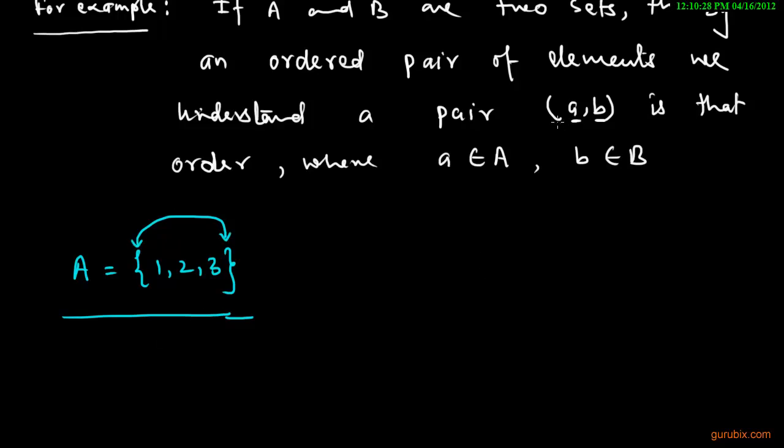So this is not a set. This is an ordered pair but not a set. The ordering of two elements in an ordered pair is important, and the two elements need not be distinct. They may be the same. It is not important whether they are distinct or not.